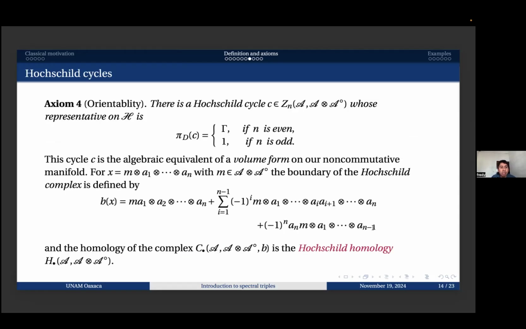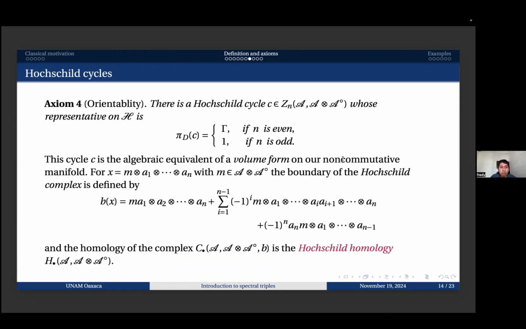So the axiom 4 is about the orientability. In the classical case, this is related to the existence of a volume form of our spin manifold. All spin manifolds are orientable, so there is a volume form.